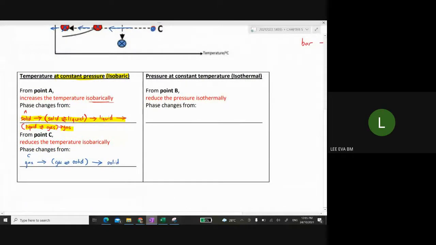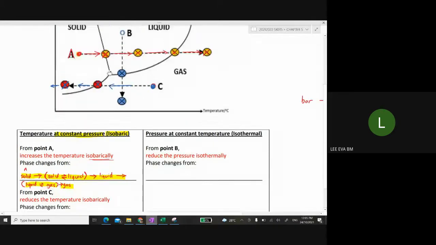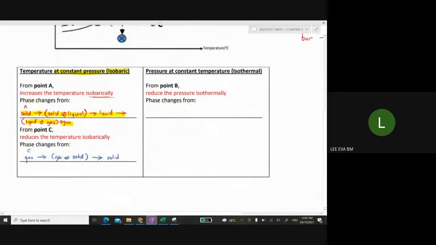So from gas into gas and solid in equilibrium to solid. Are there any questions on the phase changes for the first part, isobaric? Any questions? None. Okay, can you understand?